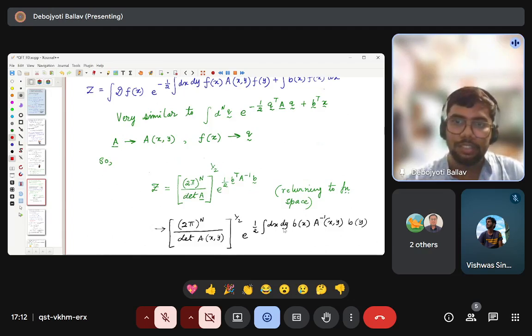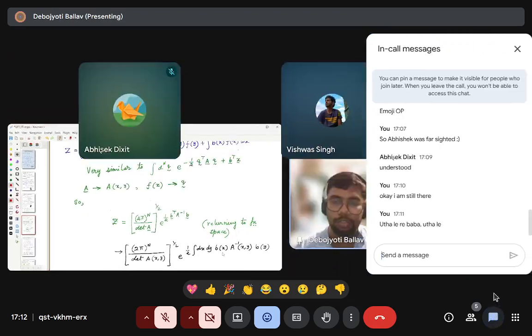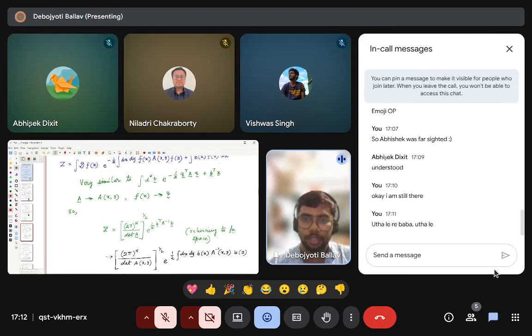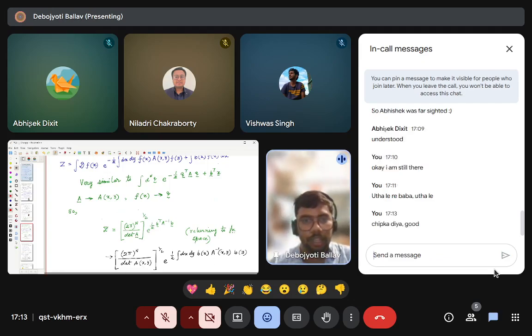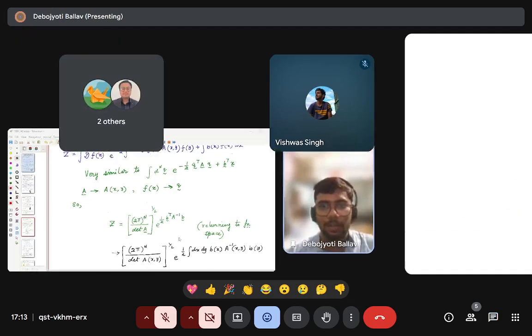You just have to integrate over. You can't now take a transpose of b, but you have to integrate over dx dy as these are functions. So you need to calculate this A inverse. I don't know how to calculate the inverse of an operator yet. I don't know how to calculate this determinant, but this is what you have to do. Now, any idea how to calculate these two?